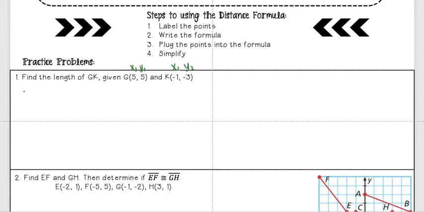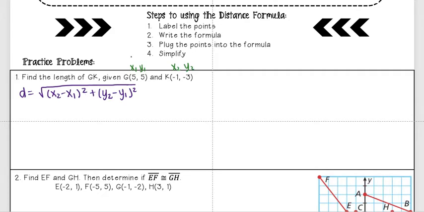That is D is equal to, where D stands for distance, the square root of (x2 minus x1) squared plus (y2 minus y1) squared. My x's are still together and my y's are still together, just like in the midpoint formula. But this time I'm subtracting them.